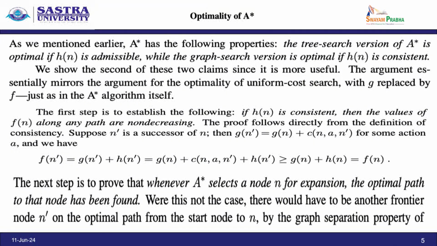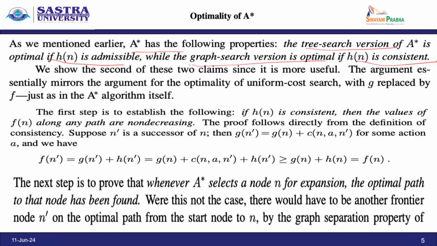Next, optimality. As we mentioned earlier, A star has the following properties. The tree search version of A star is optimal if h of n is admissible, while the graph search version is optimal if h of n is consistent.